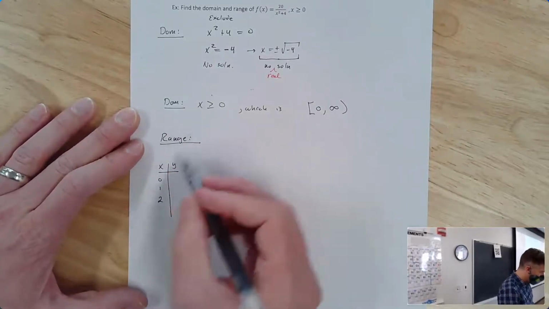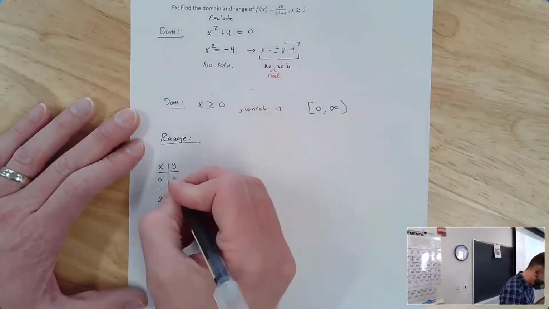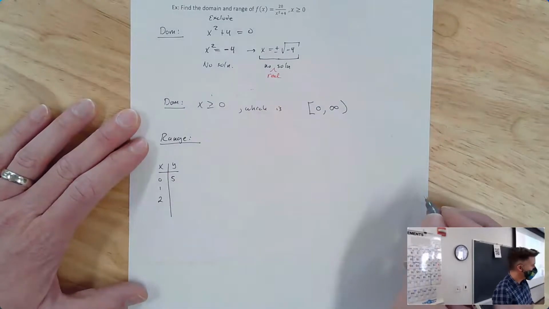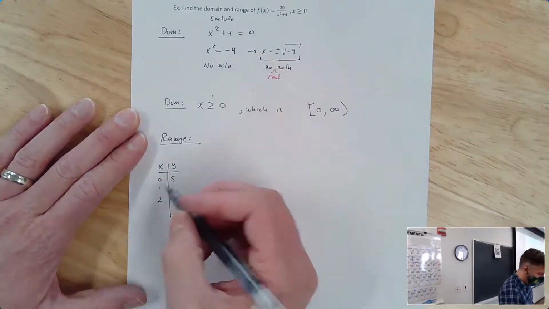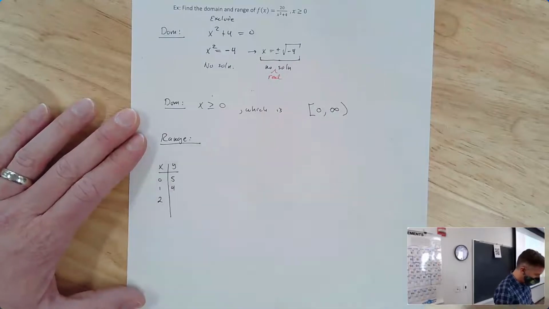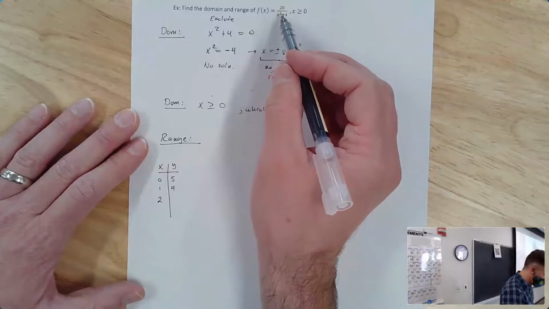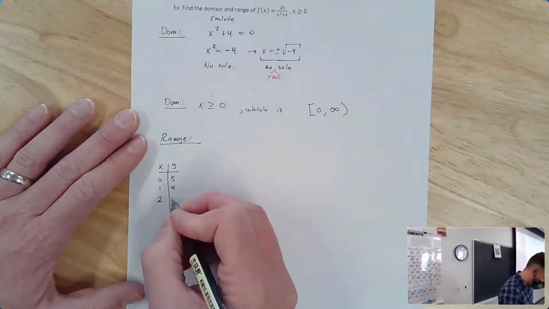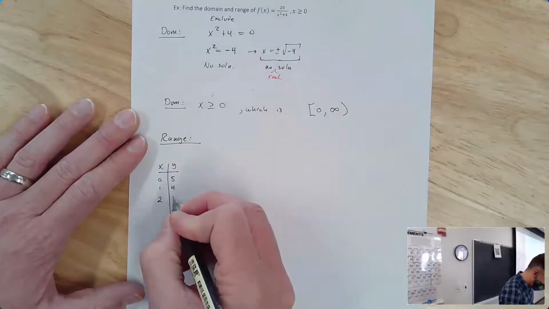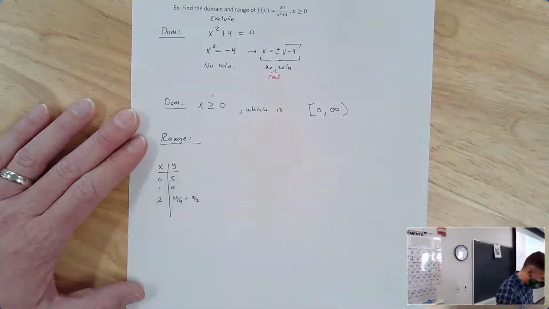If x is 0, y is going to be 20 over 0 plus 4, 20 over 4 is 5. If x is 1, y is 20 over 1 plus 4, which is 20 over 5, which is 4. And if x is 2, y is 20 over 4 plus 4, which is 20 over 8, which reduces to 10 over 4, which reduces to 5 over 2.